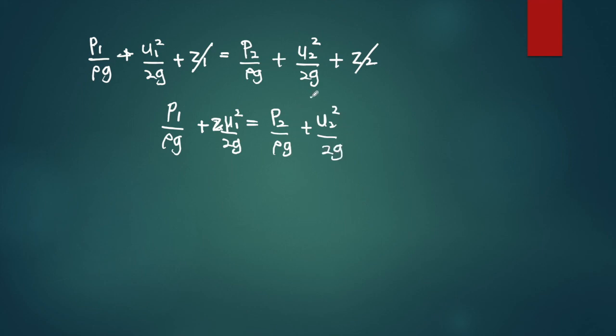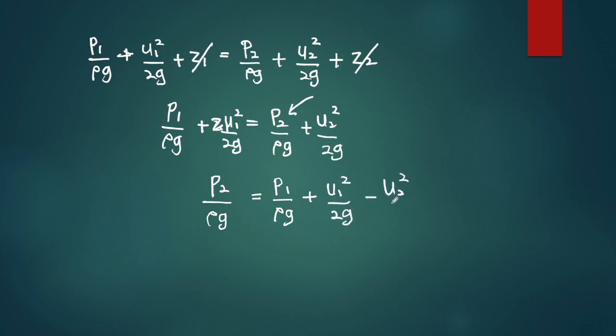Our objective here is to find the pressure at point 2. So rearrange this equation. We have P2 over rho g equal to P1 over rho g plus U1 square over 2g minus U2 square over 2g.